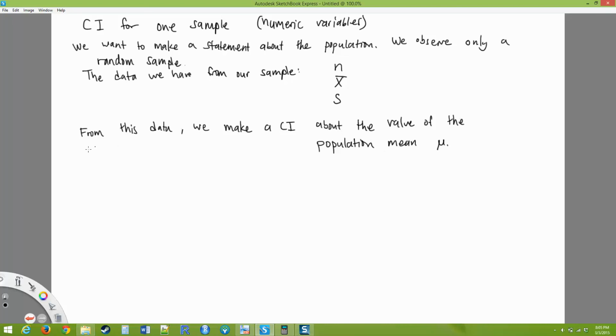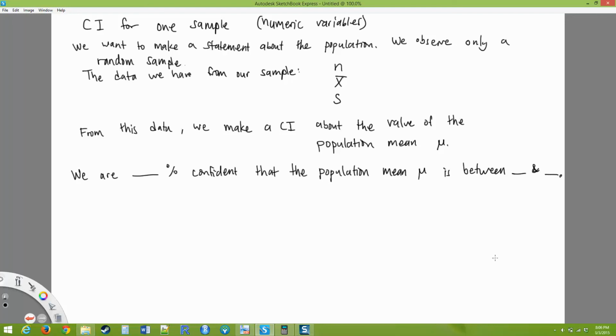And we'd say, we are blank % confident that the population mean mu is between blank and blank.